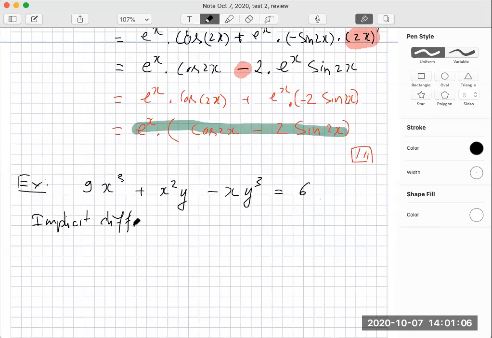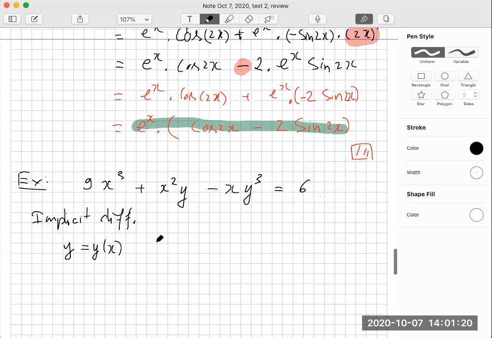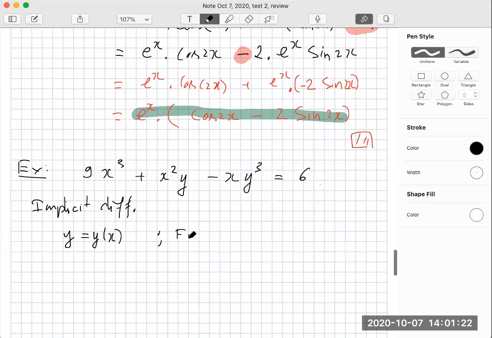Implicit differentiation, okay? In this, we know that y is a function y of x. We would like to find y prime, which is dy over dx. Just notation, another way to write it.